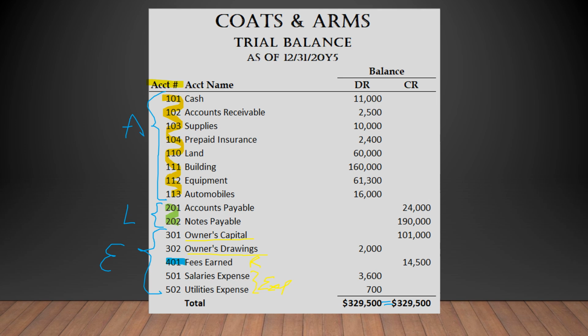If you're ever stumped as to whether a particular account is an asset, liability, or equity, look at its account number. For instance, consider an account named Unearned Revenue with an account number of 205. That name may be unfamiliar to you, but account number 205 tells us that it belongs with liabilities.